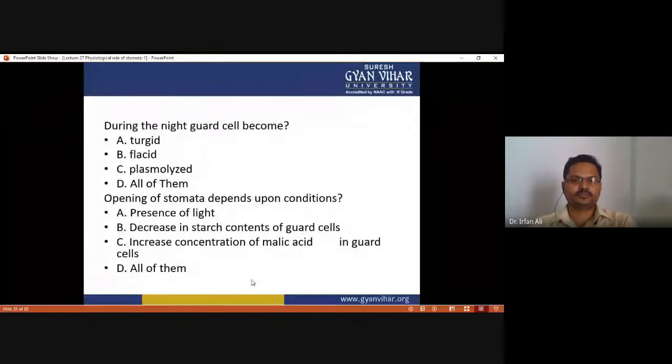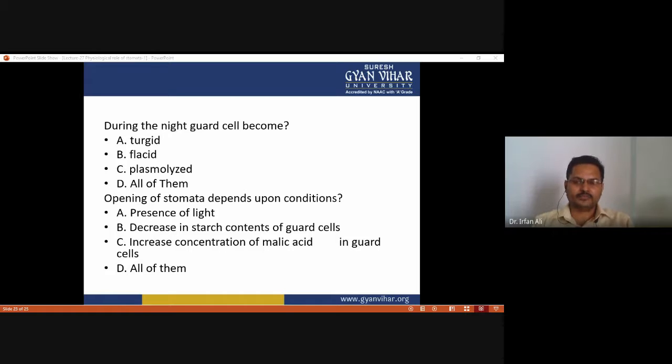Now next question. During the night time, guard cells become? Shweta, flaccid. Correct. During the night time, when the turgor pressure decreases, the cell becomes flaccid and the stomata close.